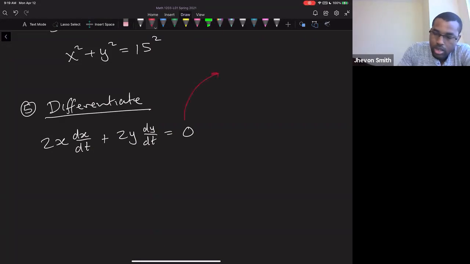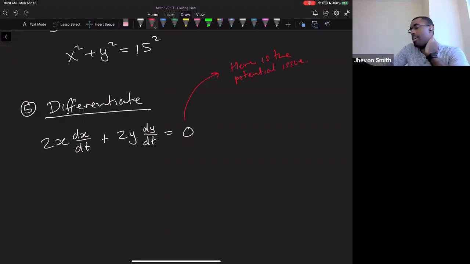And here is the potential issue. This is why I type in the notes to label things that are constant by constants, because then you'd realize that the answer is 0 right away.